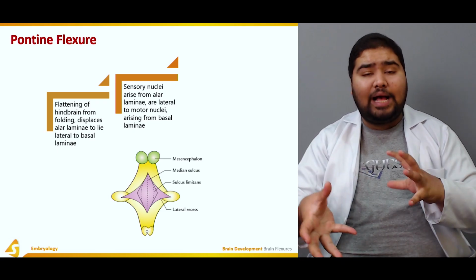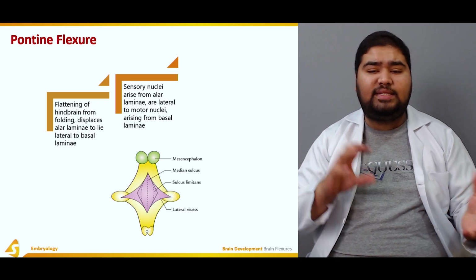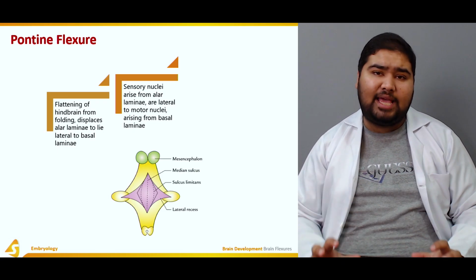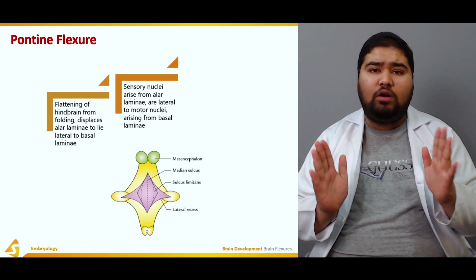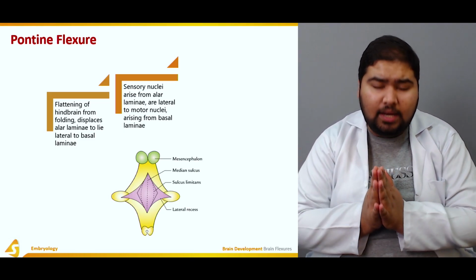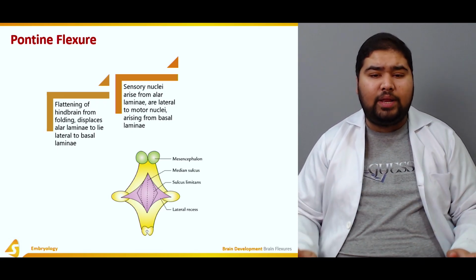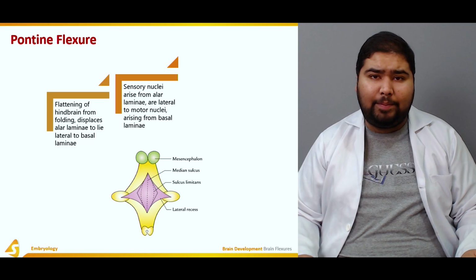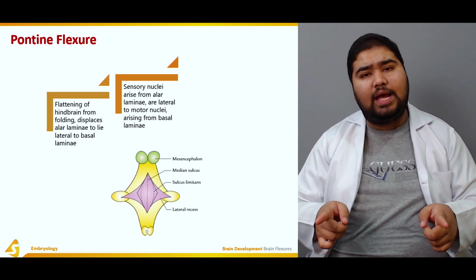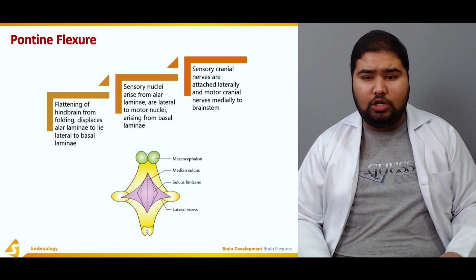So this is how the orientation of the sensory and the motor nuclei takes place. There's squishing of the hindbrain. The squishing and smacking of the hindbrain causes the alar laminae to lie lateral to the basal laminae. Hence, the sensory nuclei lie lateral to the motor nuclei.